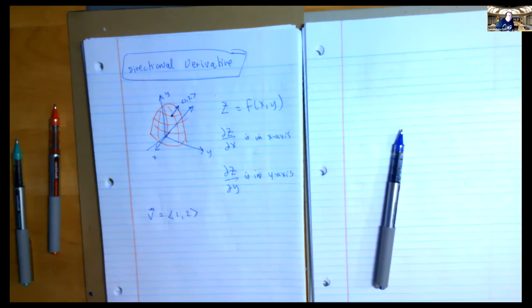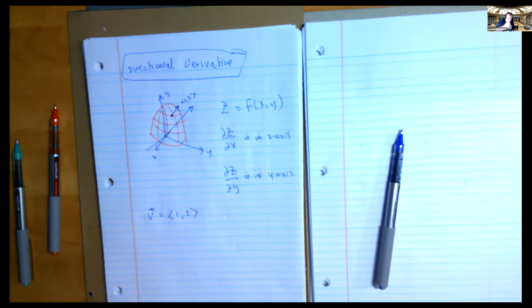Can you imagine that it was a hill and you were standing at this point on the hill and you were deciding that you were going to walk in that direction over there? Wouldn't you be either going uphill or downhill according to some slope? That's what you're calculating when you're getting the directional derivative.